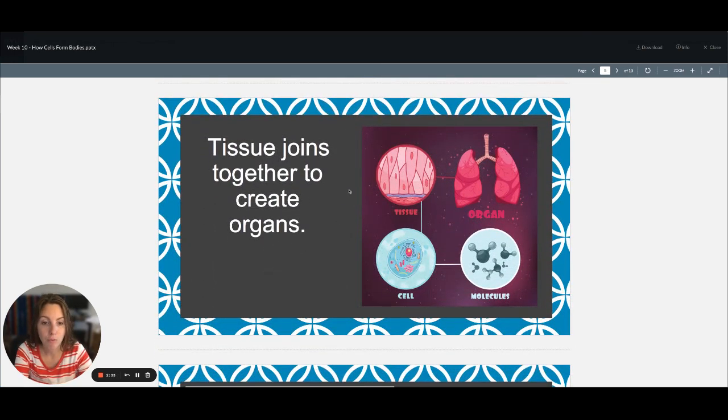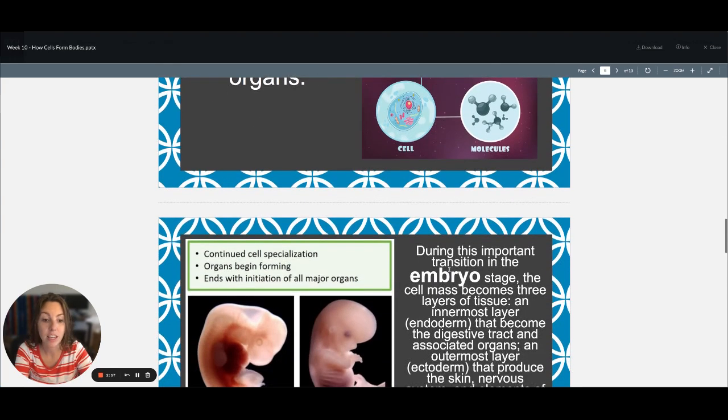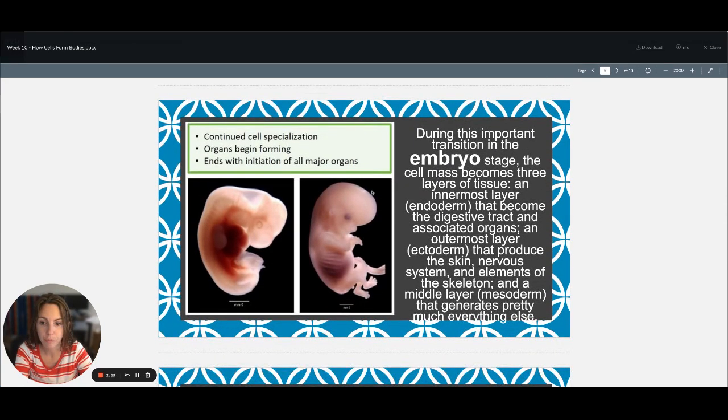Then, as we have more differentiation, tissues are going to begin to form organs. So this is kind of going in a weird direction, but we start off with just molecules, which form cells. We saw cells divide into tissues, and then those tissues will form organs. Each organ is composed of several different types of tissues, but that's going to start there in the embryo stage.